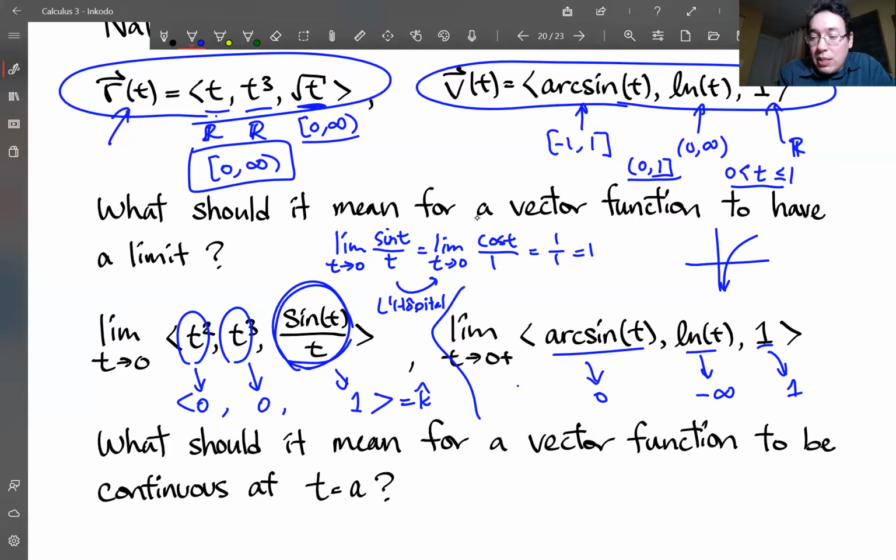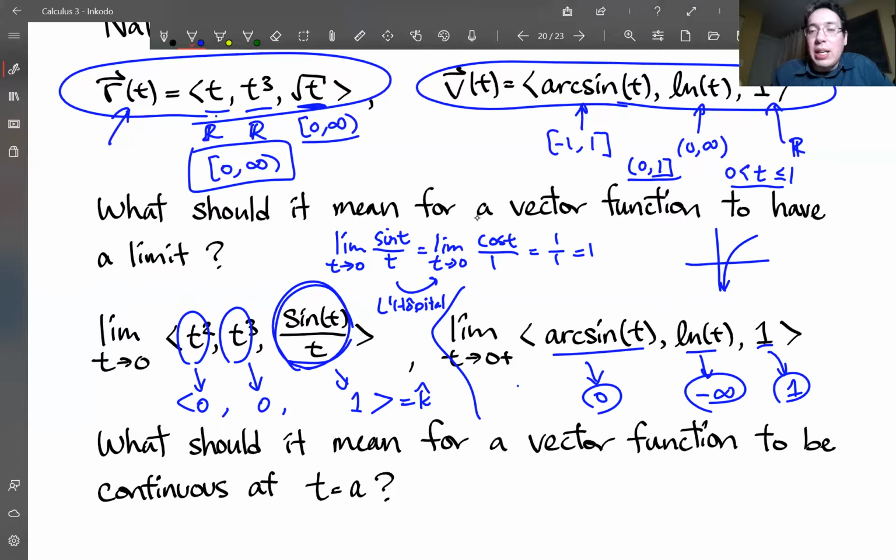And if the limit doesn't exist for one component, it doesn't exist for the entire vector function. For the limit to exist, all three components have to have a limit. Otherwise, the whole limit is ruined. So the x component and the z component are stabilizing, getting closer and closer to something. But the y component is going to negative infinity. So the vector is shooting off in the negative y direction. It gets longer and longer, and it doesn't settle down to a single vector.